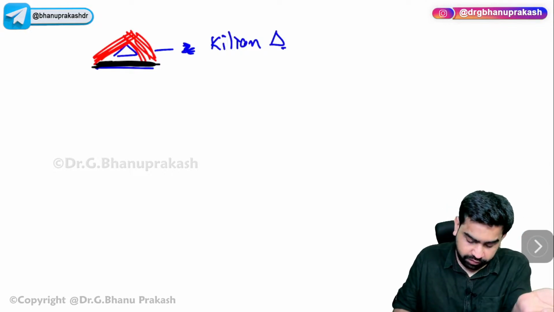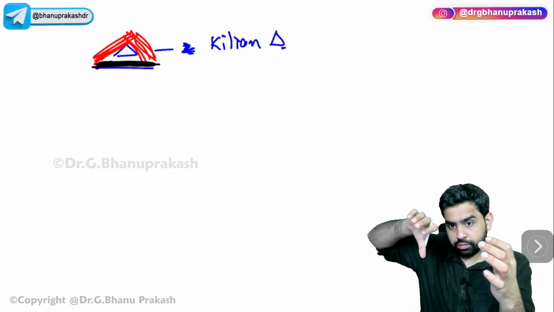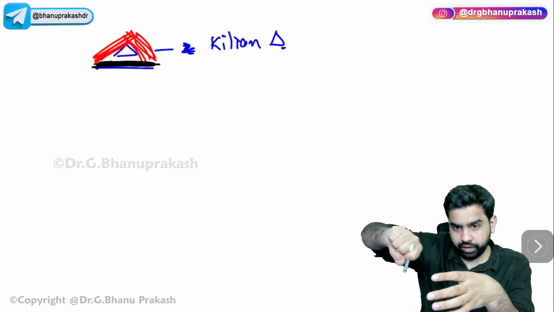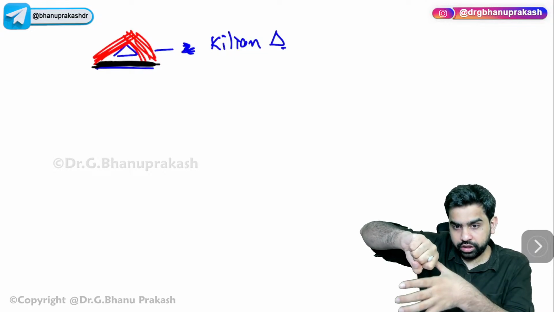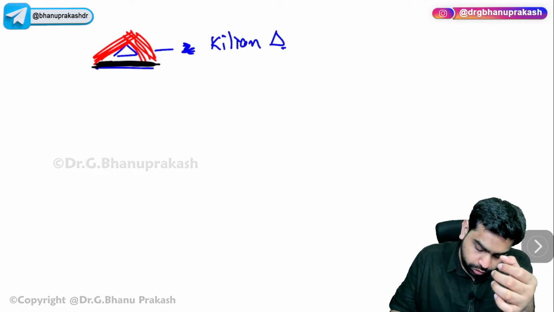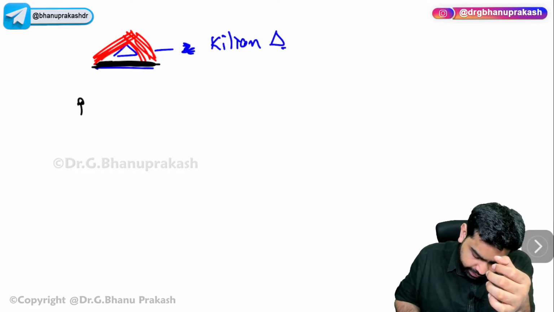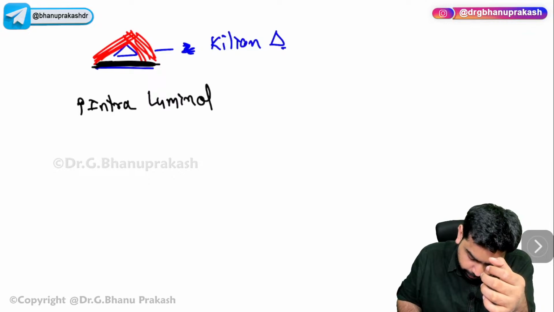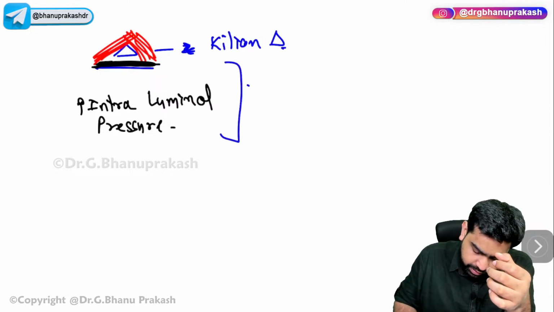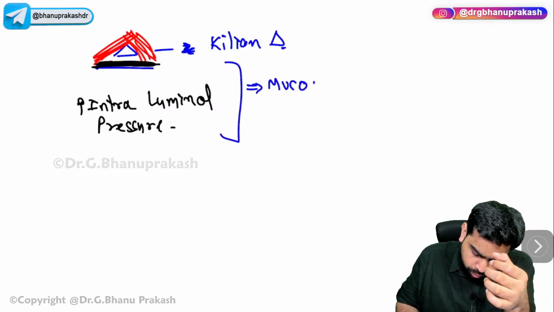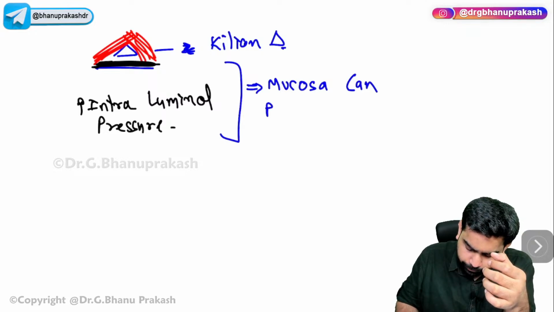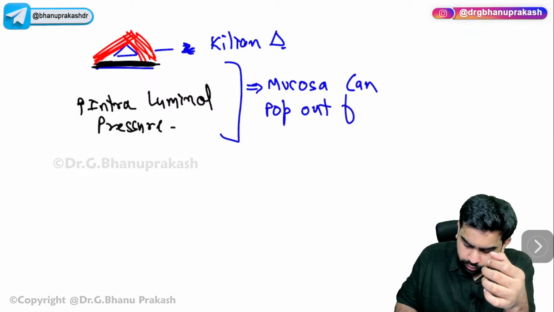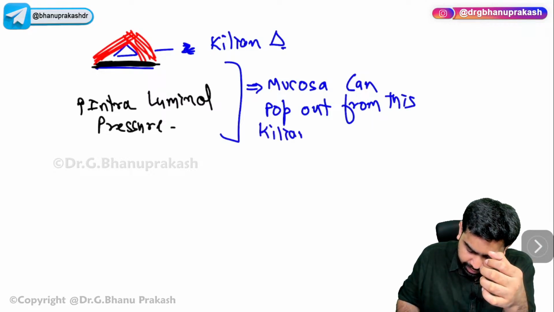When the thyropharyngeus contracts, if the cricopharyngeus doesn't relax, what is going to happen? There's going to be an increase in the intraluminal pressure, and the mucosa can pop out from this Killian's triangle.